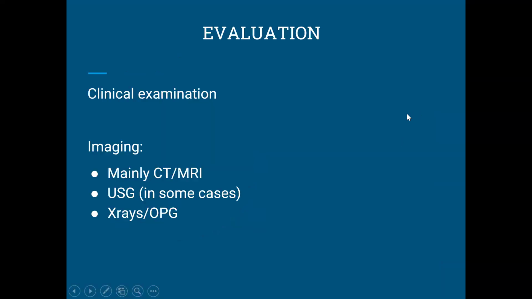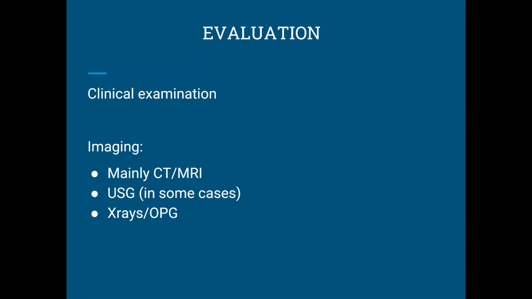Before starting the neck spaces, just a note regarding the evaluation of a patient presenting with a neck mass or neck swelling. Beginning with the clinical examination, depending on the location of the lesion, in the oral cavity any intraoral examination, thorough examination, any laryngeal lesion, any FOL, etc. This is followed by imaging of the neck masses, mainly comprising cross-sectional imaging, CT scan and MRI.